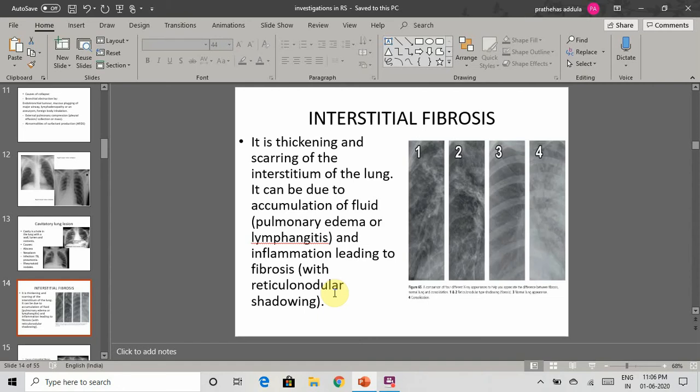Coming to interstitial fibrosis, it is thickening and scarring of the interstitium of the lung. It can be due to accumulation of fluid, pulmonary edema, or lymphangitis, and inflammation leading to fibrosis with reticulonodular shadowing. It can be understood from X-rays 1, 2, 3, 4, where there is scarring of the interstitium of the lung.